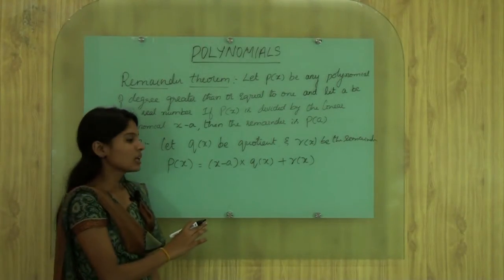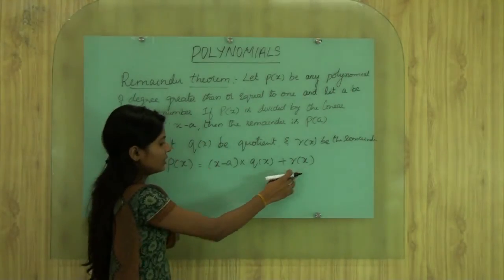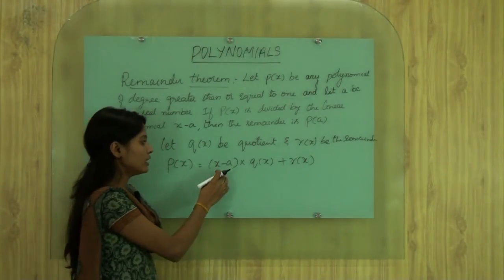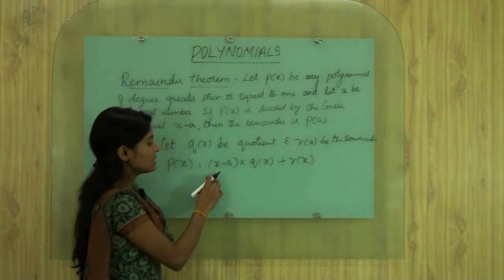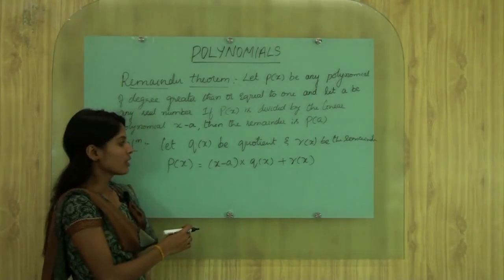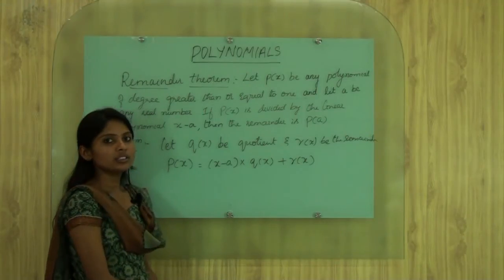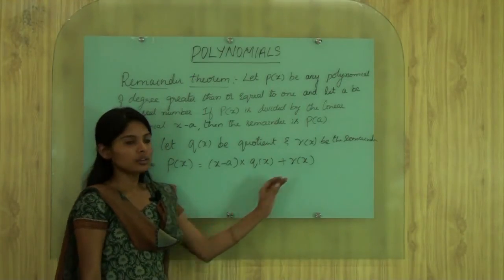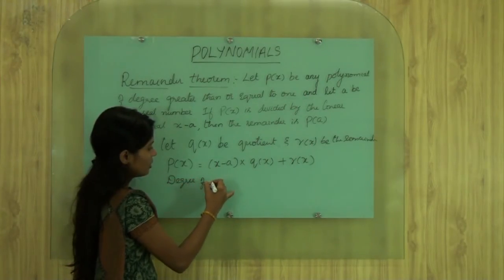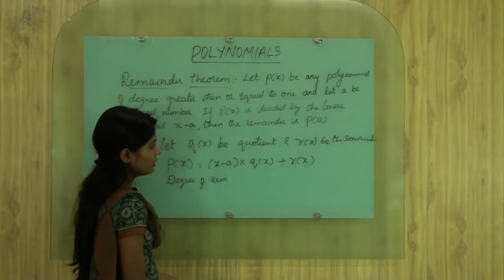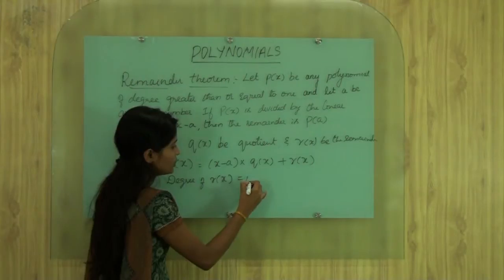We know that the degree of the remainder is less than the degree of the divisor. The degree of the divisor is 1. Therefore, the degree of the remainder will be 0. Degree of remainder, that is r of x, is equal to 0.